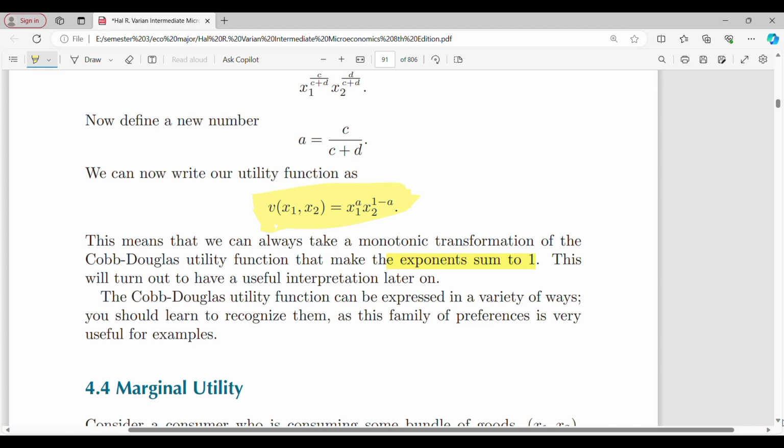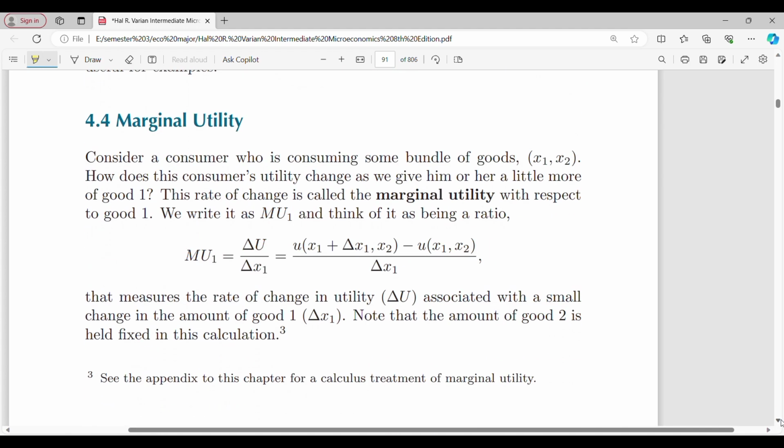That's it with the preference examples, and next is marginal utility. Consuming some bundle of goods x1, x2, how does the consumer's utility change as we give him a little more of good 1? The rate of change in utility, the satisfaction that the consumer gets from an additional unit of a good, is known as marginal utility.